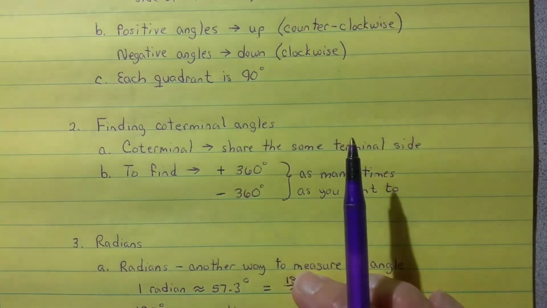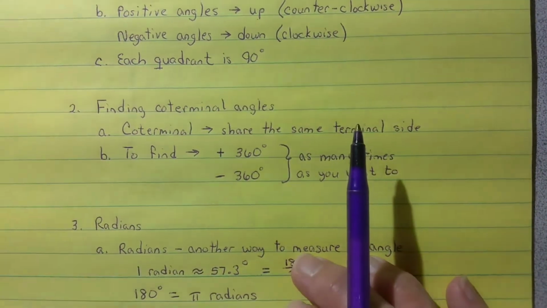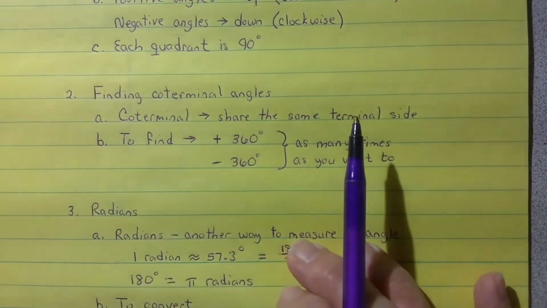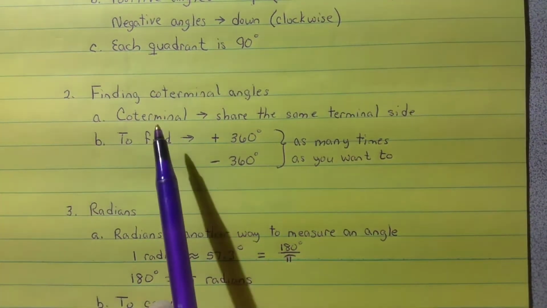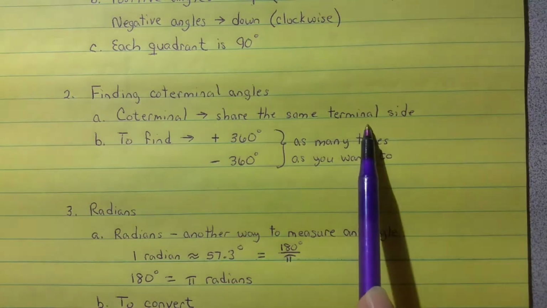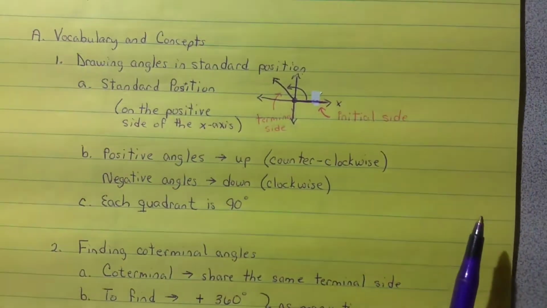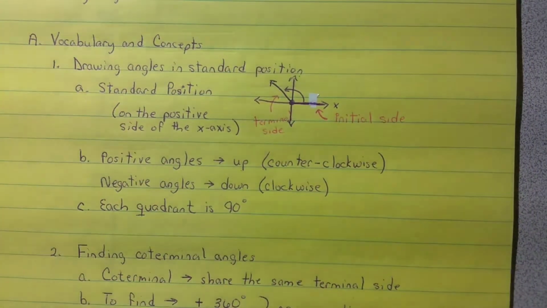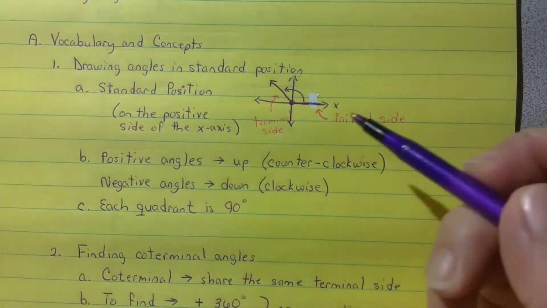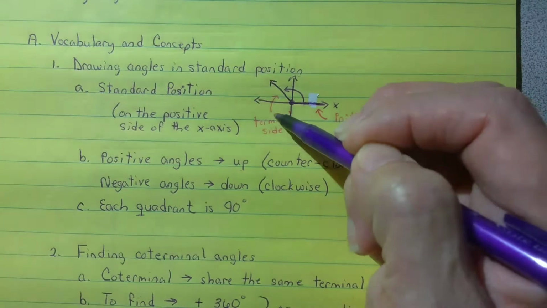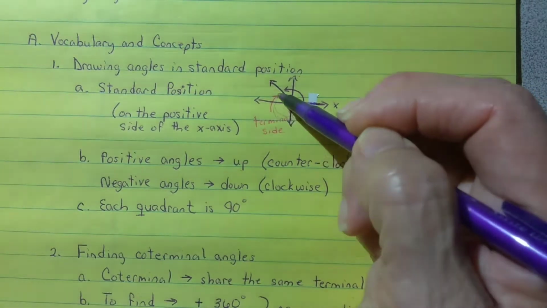Next thing we want to talk about as far as important concepts are the coterminal angles. Coterminal angles means that they share the exact same terminal side. So, for example, up here, we can get to this terminal side going in this direction, but we could also get to that terminal side by going backwards.